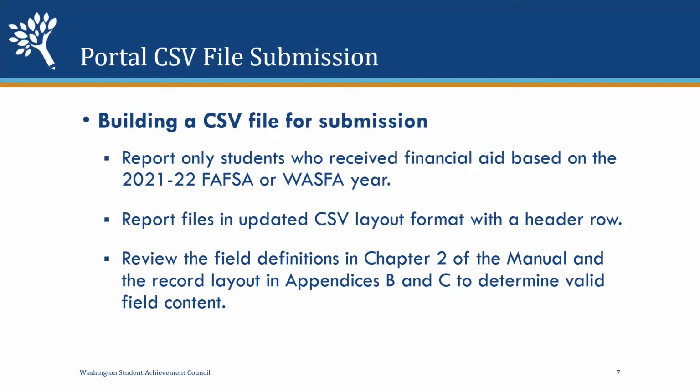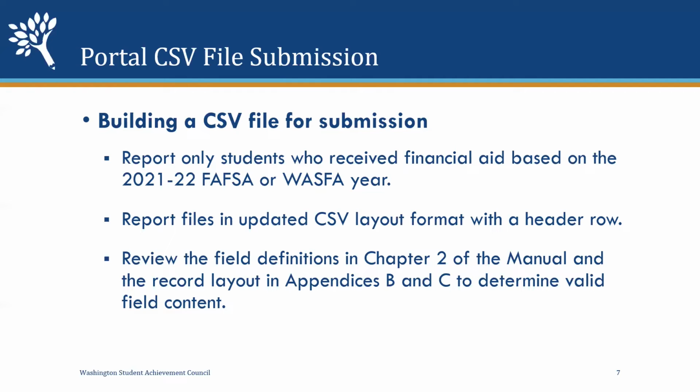The CSV file that you will be building for submission is where you report only students who receive some sort of financial aid based on the 21-22 FAFSA or WSAC year.